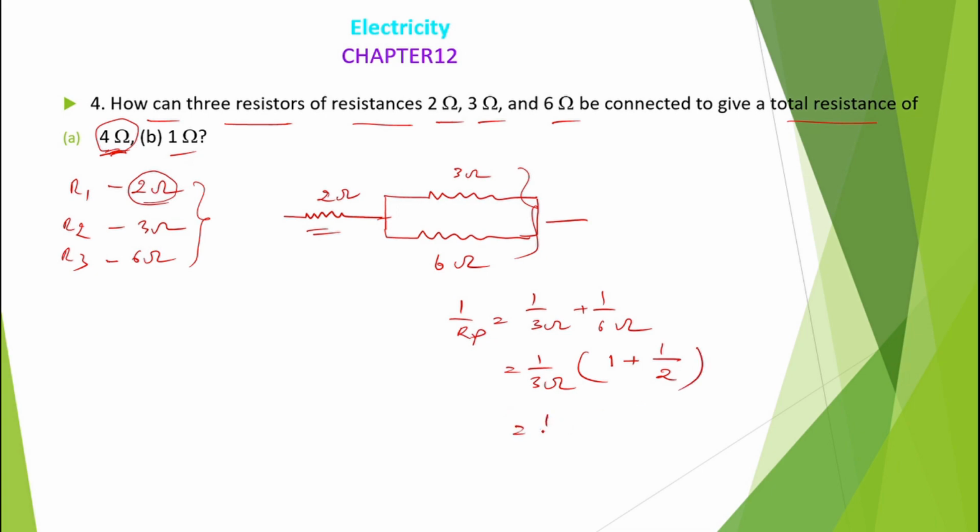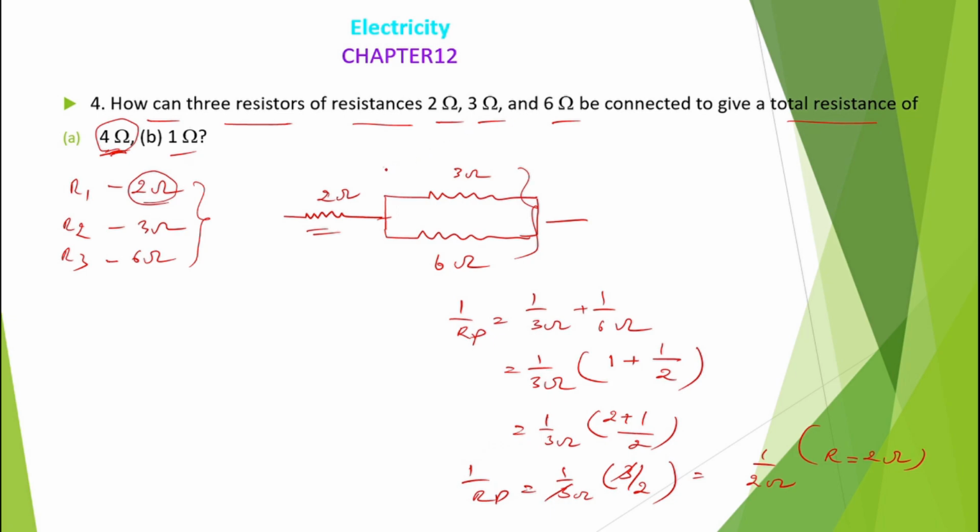Simplify this: 1 by 3 ohm, 2 plus 1 divided by 2, which is equal to 1 by 3 ohm, 3 by 2. So 3 cancels. The remaining is 1 divided by 2 ohm. So that is 1 by Rp. Cross multiply this, you will get Rp is equal to 2 ohm.